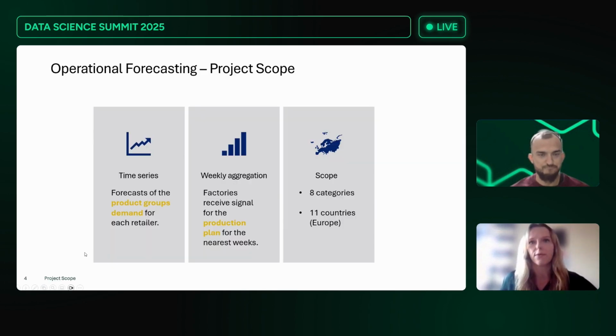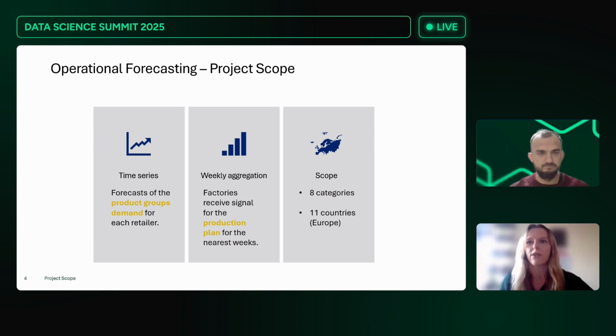Before we dive into the reconciliation topic, let us give some highlights about the reason we decided to discover reconciliation methods. The aim of the operational forecasting project is to create time series forecasts for the demand of the product groups for each retailer.